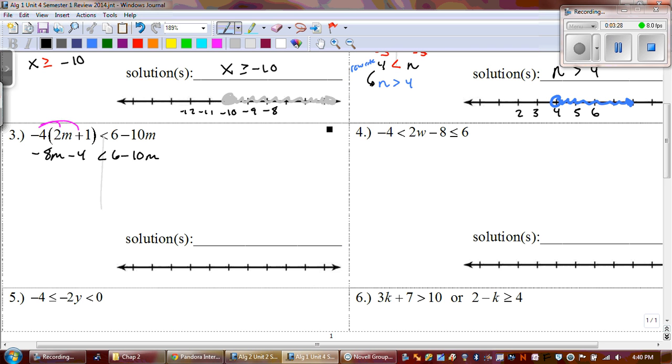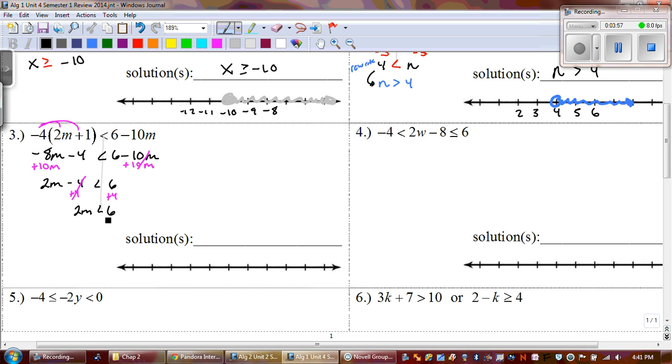Now, looking at the two inequalities, we want to move the smaller one, okay? So the smaller one is the -10. So I'm going to add 10m to both sides, and then we get 2m minus 4 is less than 6. Okay? Now, to solve it, we have to add 4 to both sides. And then we have 2m is less than 6.